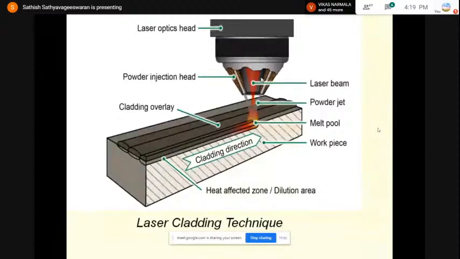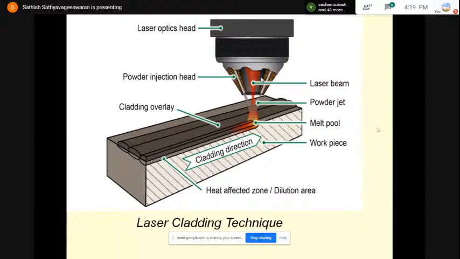That parameter will also play a vital role in determining the quality of the cladded layer. Another important thing is the traverse speed. While cladding, either your workpiece or your laser beam will be moving in a certain direction. That is known as traverse or scanning speed, and it will also affect the quality of the cladded layer. So this is about cladding, and you can perform laser cladding on turbine blades also.